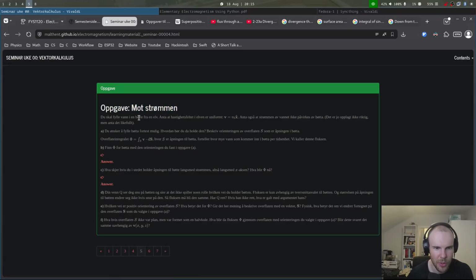Okay, so you're supposed to fill a bucket from a river. Assume that the velocity field in the river is uniform. So it's just v0 in the x hat direction. Assume also that the current of the water isn't affecting the bucket. This is obviously not right, but just assume so. You wish now to fill the bucket as fast as possible. How should you then hold it?